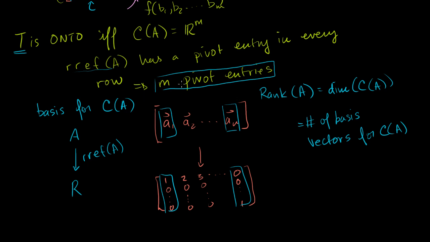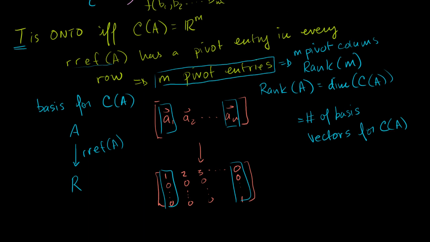So if you have m pivot entries, you also have m pivot columns, which means that if you were to do this exercise right here, you would have m basis vectors for your column space, or that you would have a rank of m. So this whole video was just a big long way of saying that T is onto.